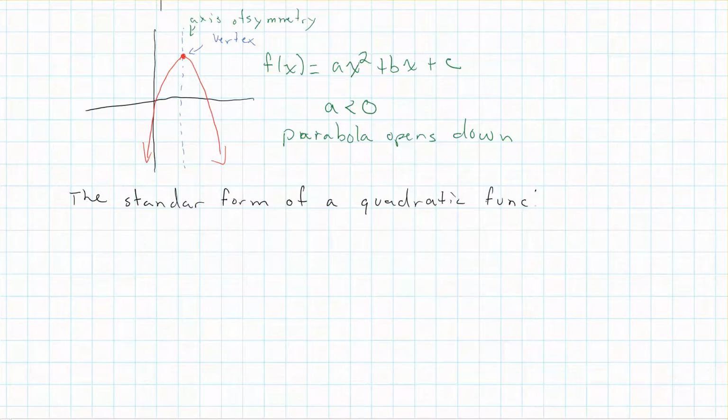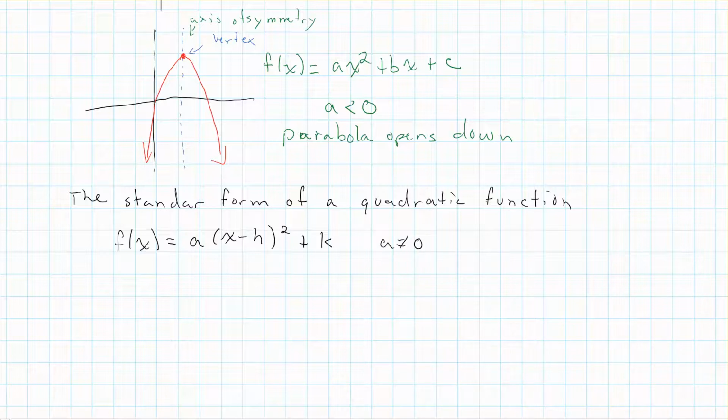I keep saying equation, I mean to say function. So the standard form is f of x equals a times x minus h quantity squared plus k, and here a is still not equal to 0.